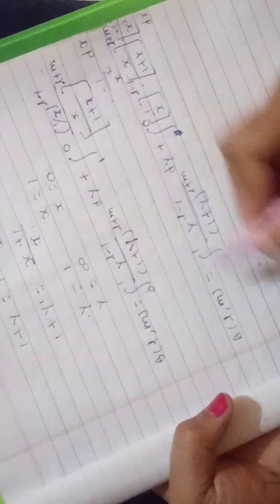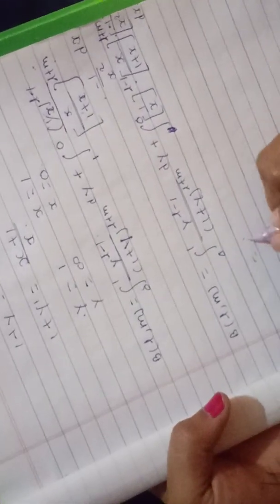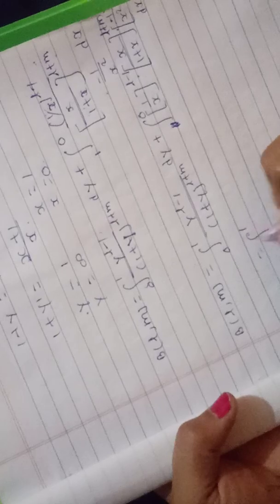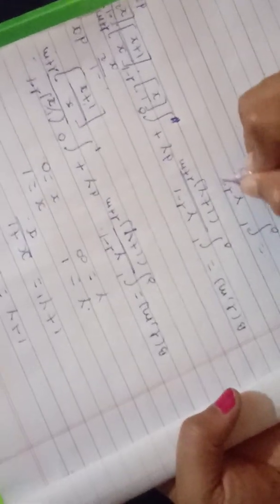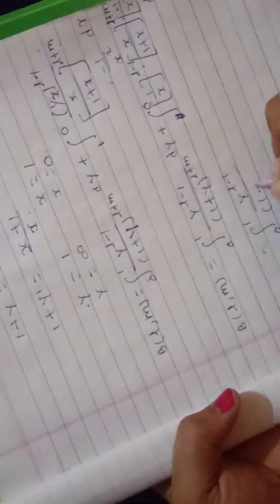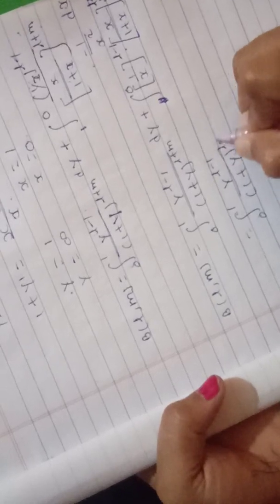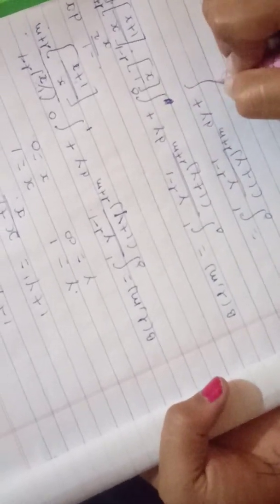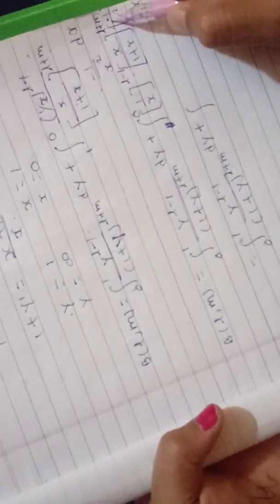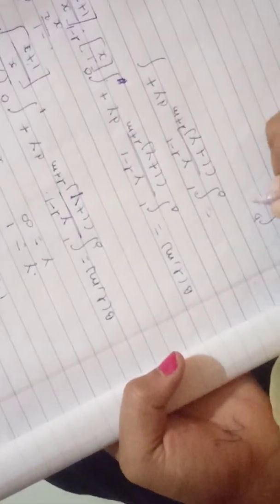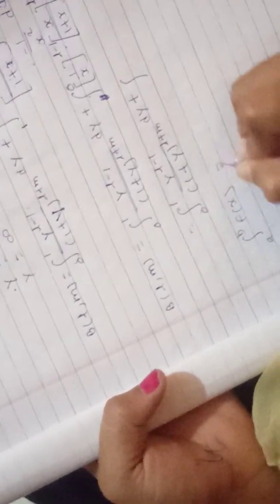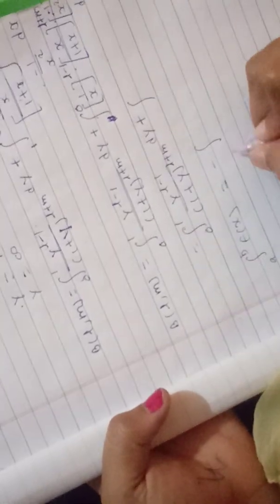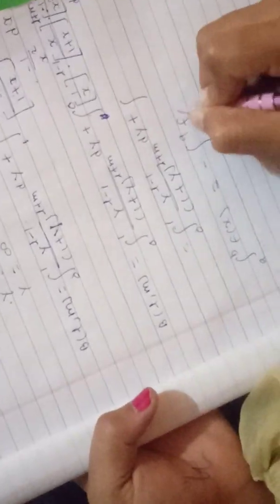Then we simplify these equations again. So we have integration 0 to 1 y raised to L minus 1 divided by 1 plus y raised to L plus M dy, plus integration, here it is minus, so we know the formula: integration a to b f of x is equal to minus integration b to a f of x.